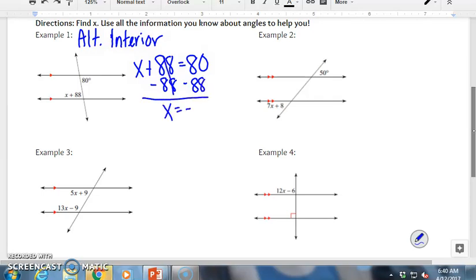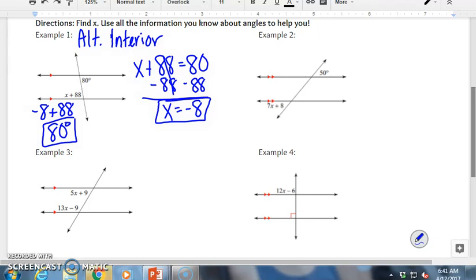We get x equals negative 8. Now remember, x equaling that value is not the angle measurement. We need to use it to solve for the angle measurement. So if we take negative 8 plus 88, we're going to get 80 degrees. And remember, those should be equal. Okay? So those are our two answers we're looking for.